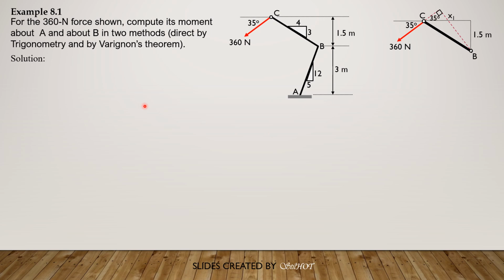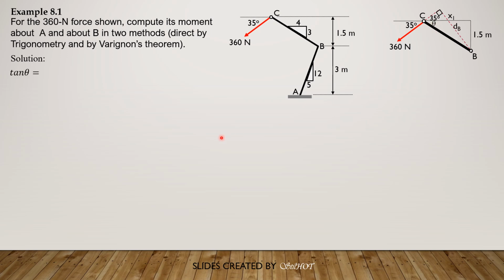This is also 35 degrees, and let's call this angle theta, so that the perpendicular distance is distance BC sine of 35 plus theta.